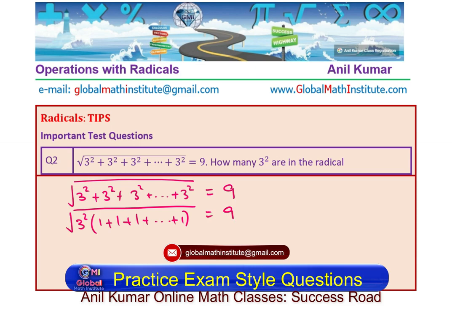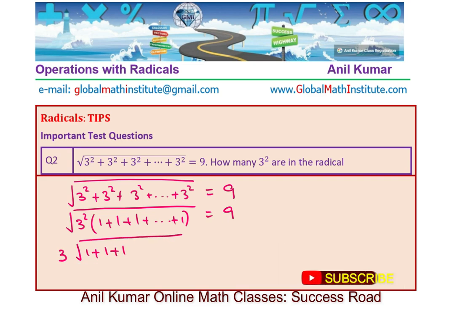And we want that to be 9. Well, 3 square means I could take 3 outside, right? So I have here 1 plus 1 plus 1 plus so on, equals to 9. And clearly, what should that ones be? That total should be how much? Well, I want 9.